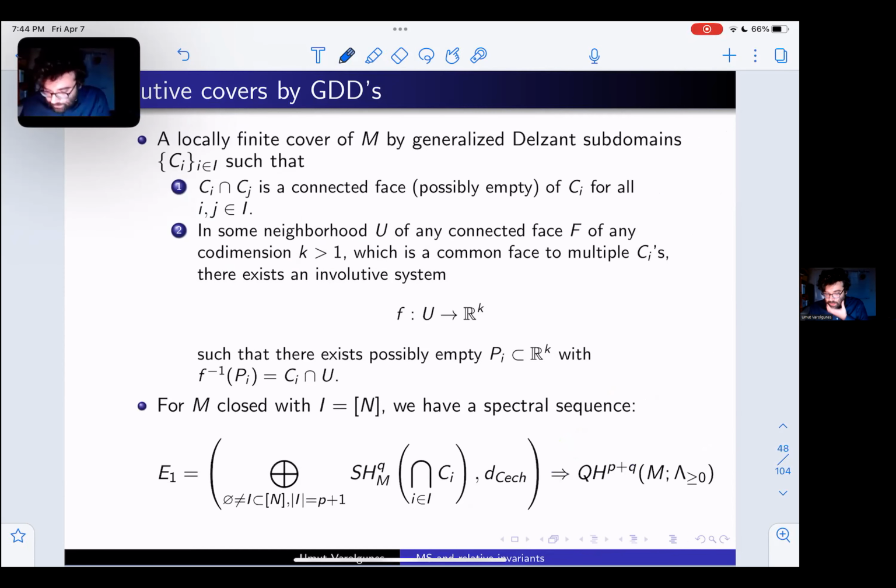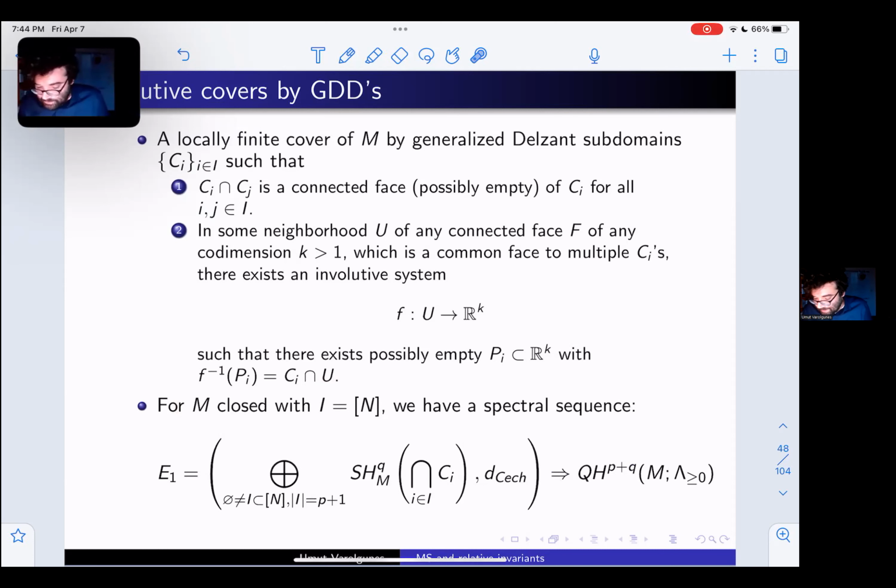Okay, so in this situation, what I proved in my thesis some 4 or 5 years ago is that there is some local to global principle. There is a spectral sequence, let's say M is closed, and I take a finite cover by these things.